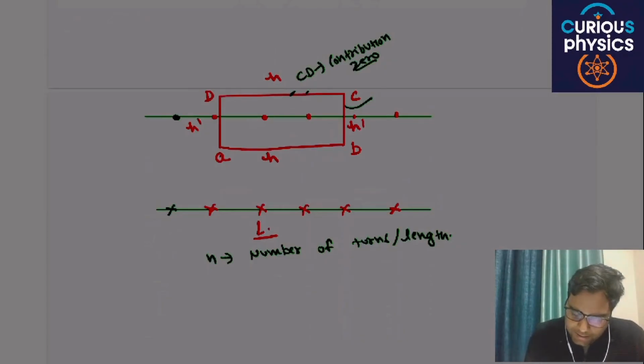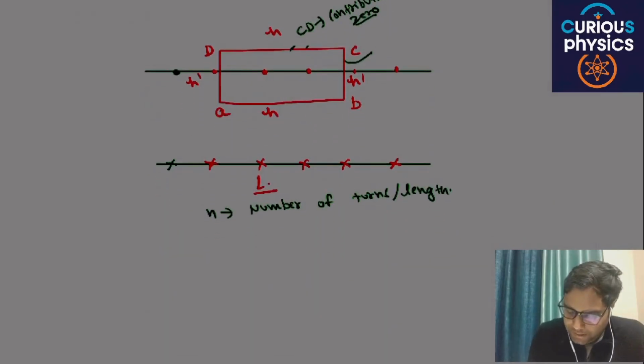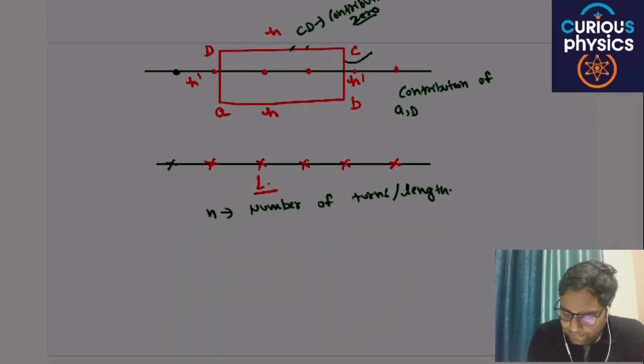And the contribution of AD and BC is also zero. Why?